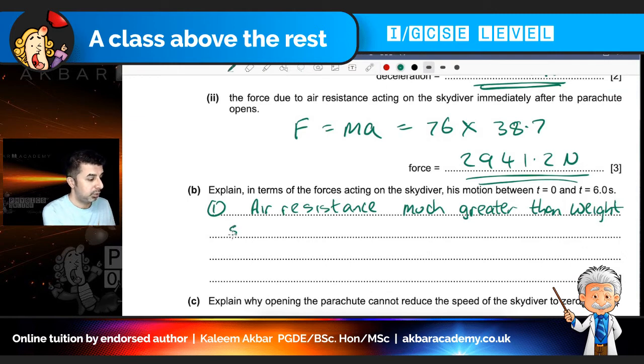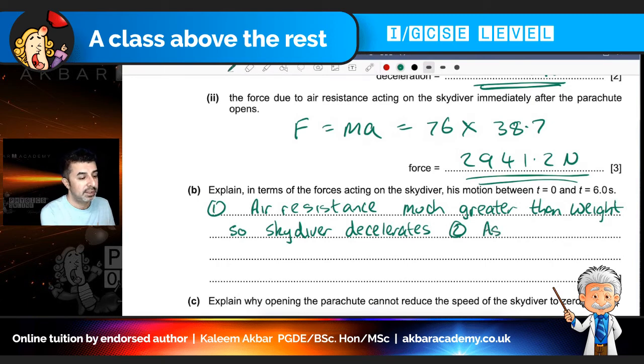So skydiver decelerates. Let's just stick number 2 in here, might run out of space.